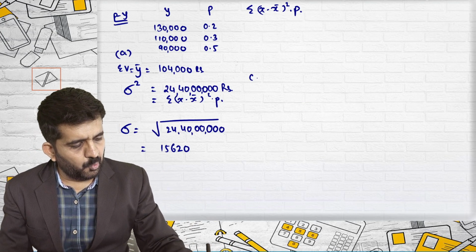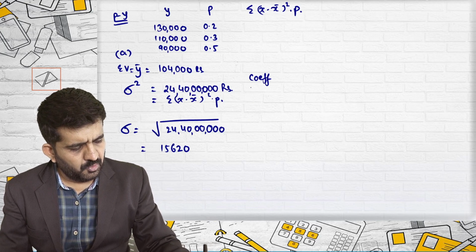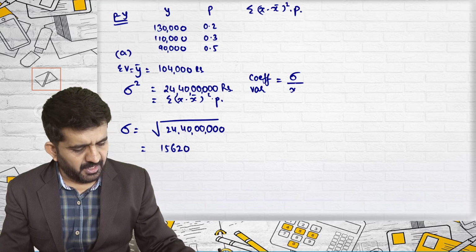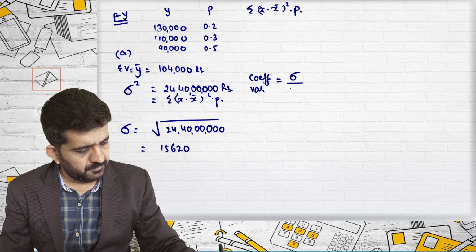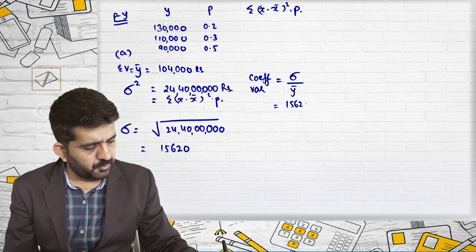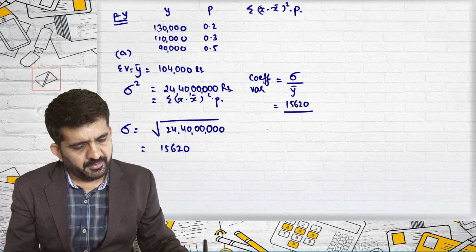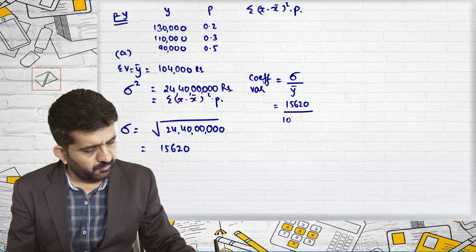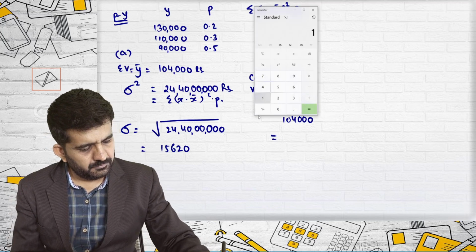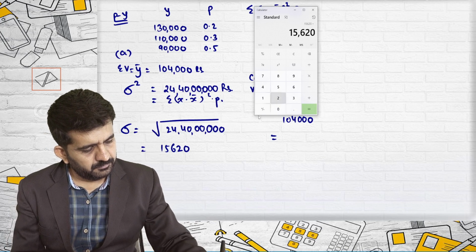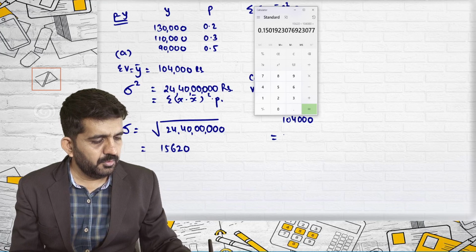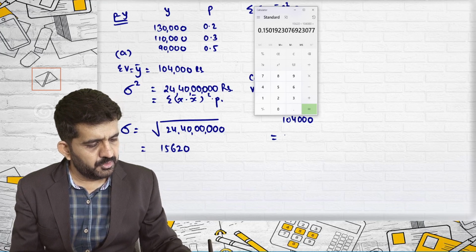And coefficient of variance is standard deviation upon y bar, 15,620 divided by 1,04,000, which is 0.1502.